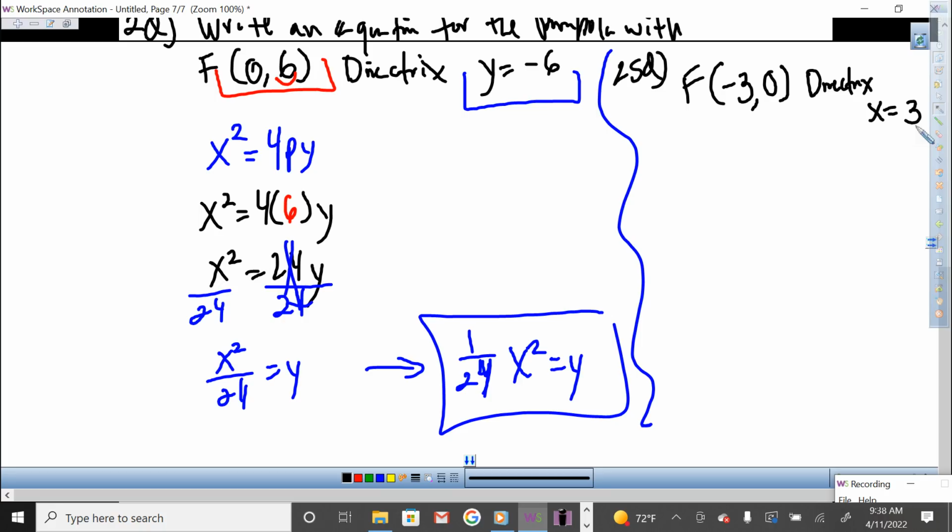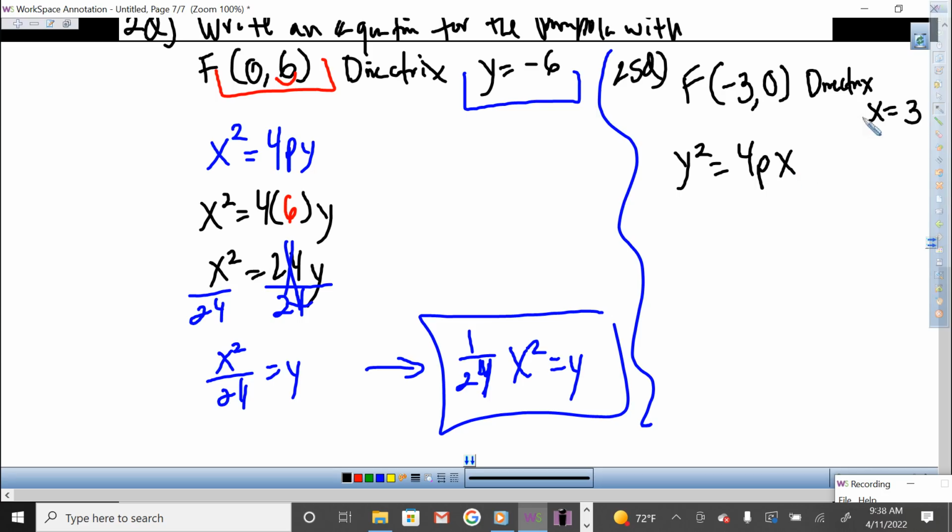So, neighbor, first the equation you're going to use. What equation are you going to use? All right, so what equation, Pedro? y squared equals 4px.